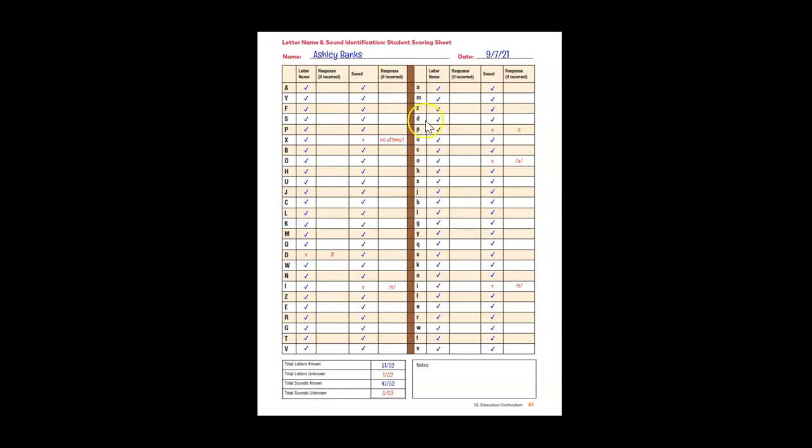I can see in Ashley's letter sound ID assessment that she has mastered many of her letters and sounds. I also can tell that there are a few letters and sounds that she is still working on, specifically X, D, I, P, O, and I in lowercase. As I'm entering data for Ashley in the Microphase tracker, I'm going to need to make sure I reference those data points.